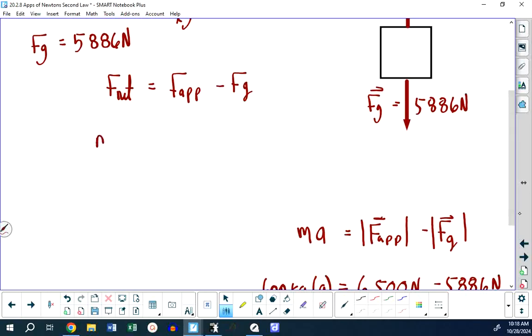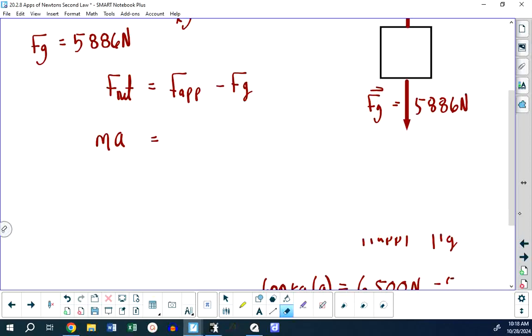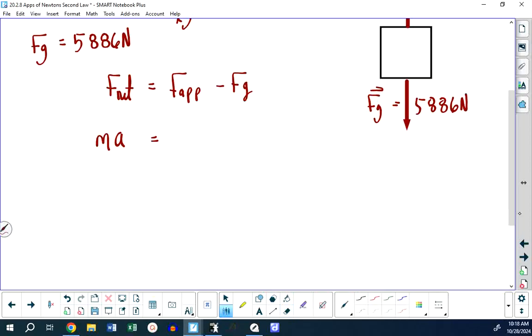So that means MA is that applied force upward of 6,500 newtons minus mg, which is 5886 newtons.